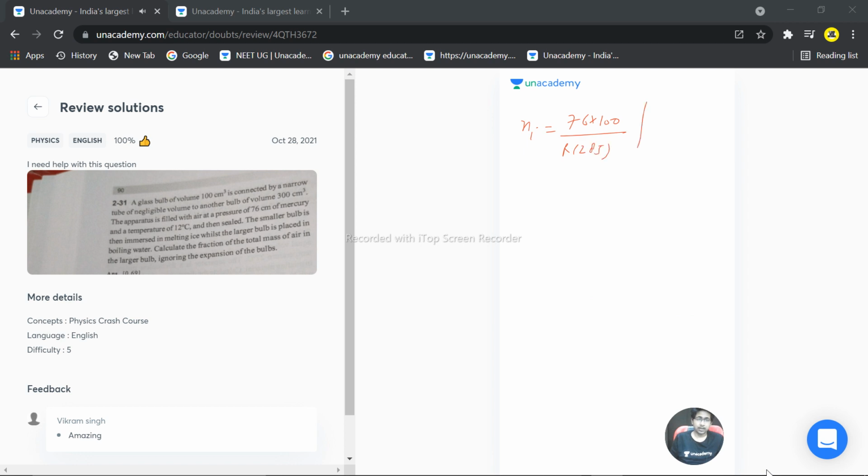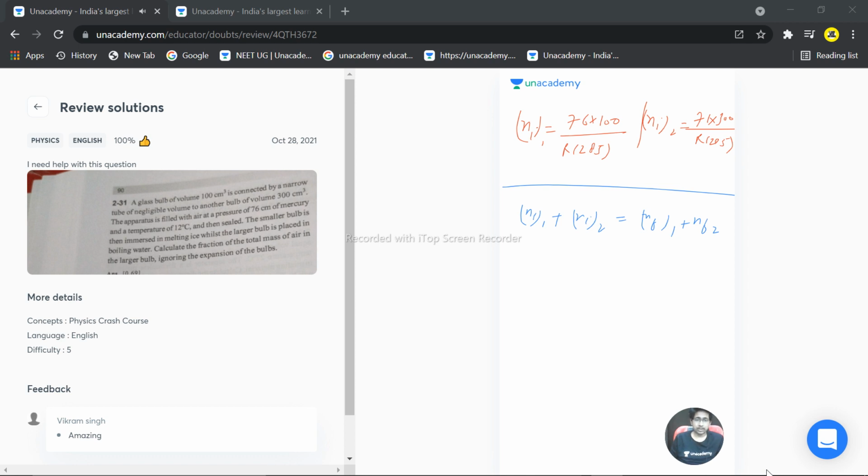N initial for the second one is 76 into 300 by R into 285. Now by mole conservation, I can write N initial 1 plus N initial 2 is equal to N final 1 plus N final 2.